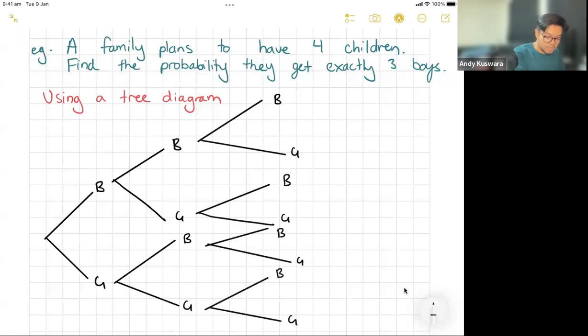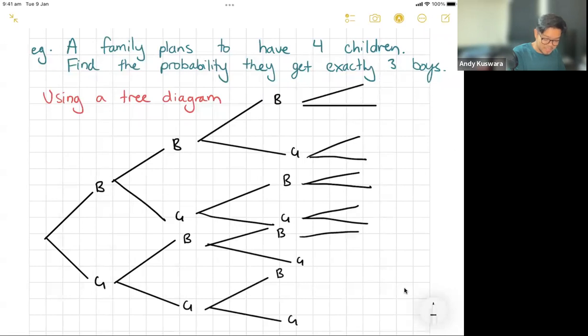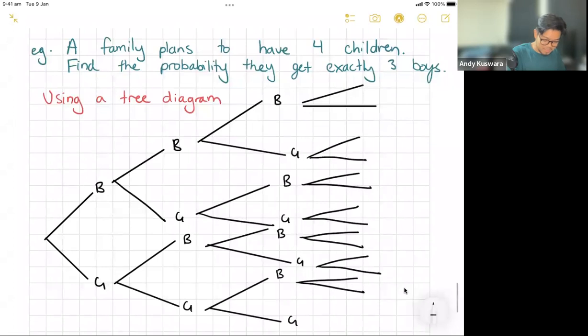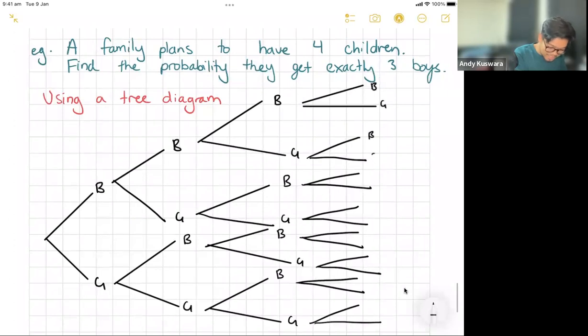And I'm going to do one last one, boy, girl, boy, girl. This is going to be a bit tedious, but you get the idea.